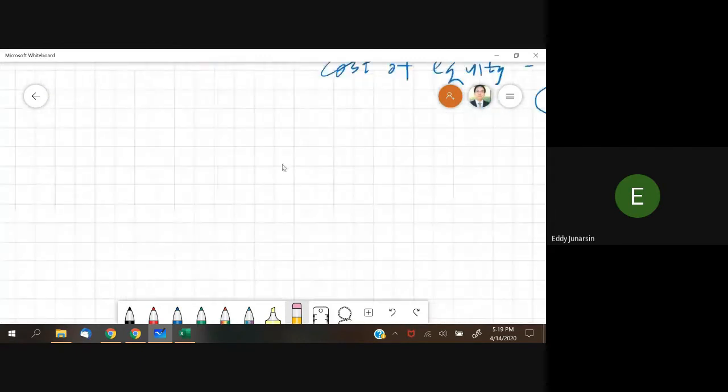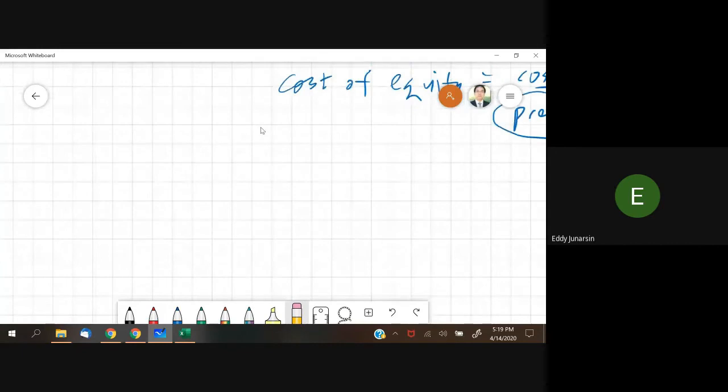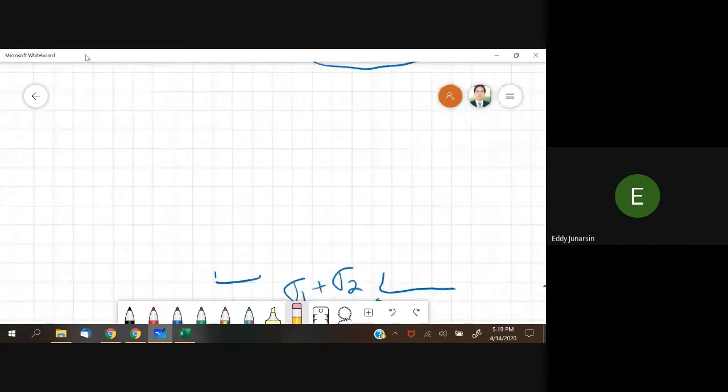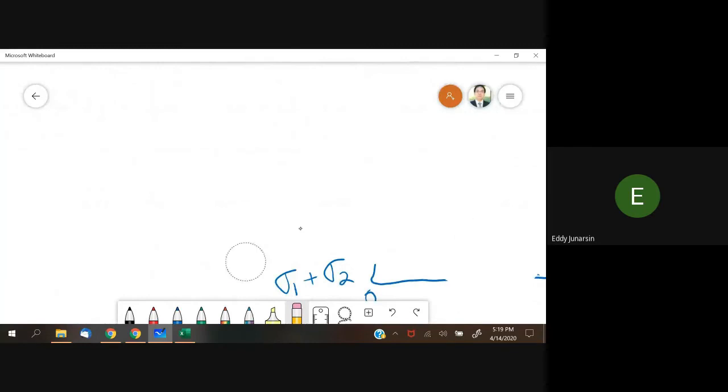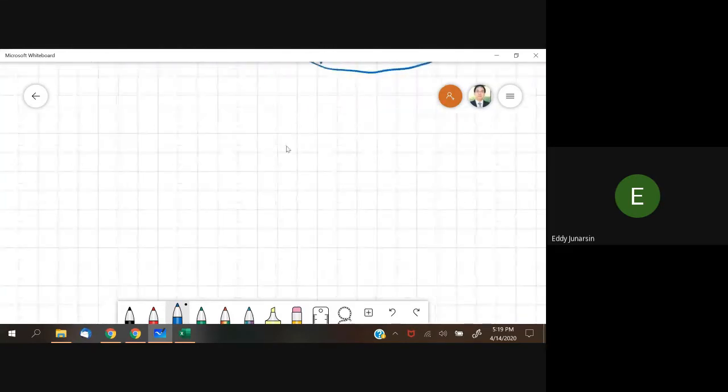Okay, so now we'll see the second possibility, still cost of equity, but maybe if your savings are not enough, right?